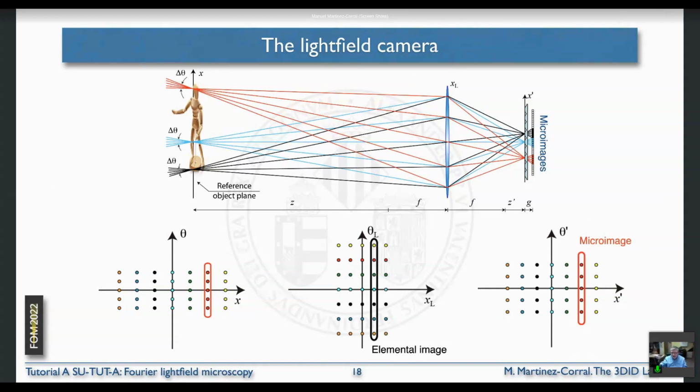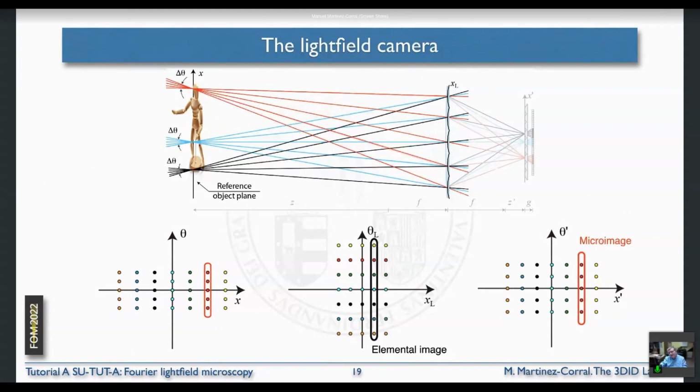And we can see here that in fact this system is totally equivalent to have here an integral imaging system with the lenses placed here. Okay, so here this is now shaded. So this is the system, and this is the equivalent system.